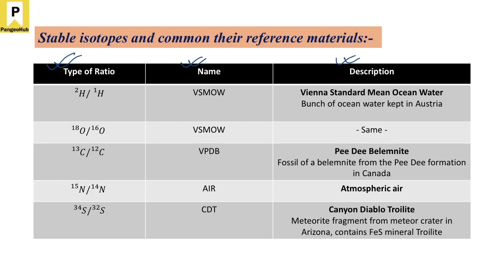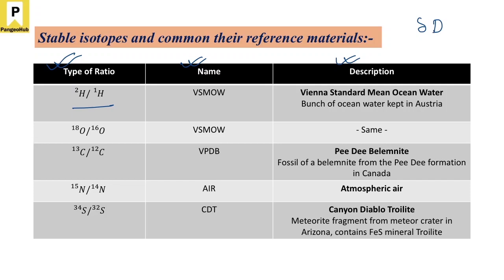For example, the hydrogen ratio is mentioned in terms of delta D, which is basically deuterium versus protium, so 2H divided by 1H.